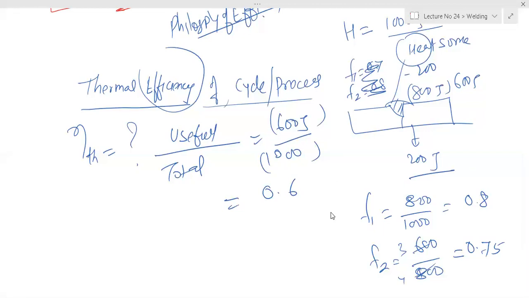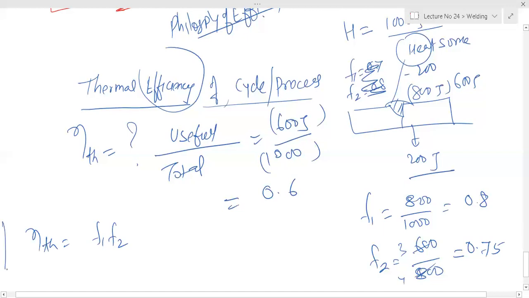So thermal efficiency is basically F1 and F2. If you multiply both, this will give you useful, that is 600 by 1000.